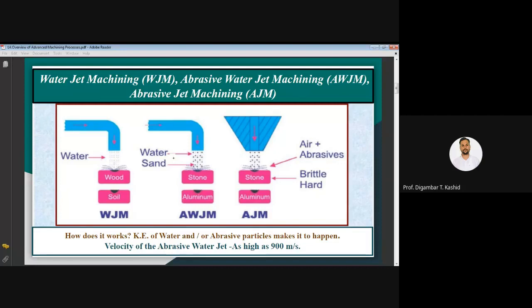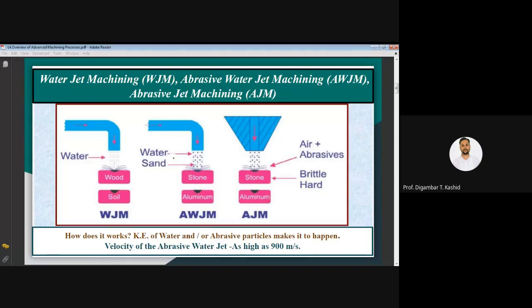So normally the water jet machining process is used to remove unwanted coating, or for surface preparation, again for cutting or cleaning of rust or residue particles. Or we can also use it for polishing.